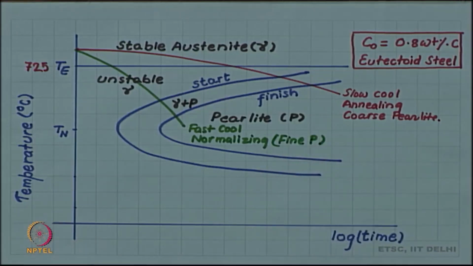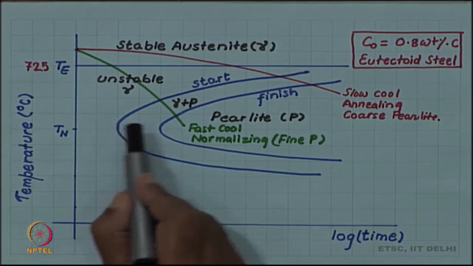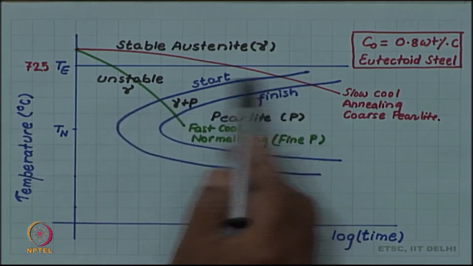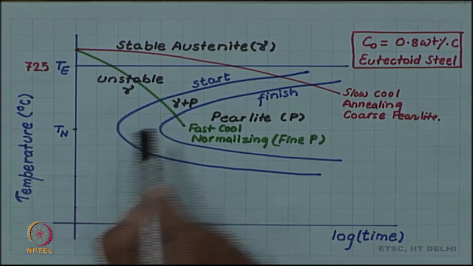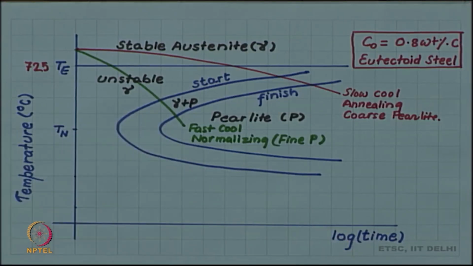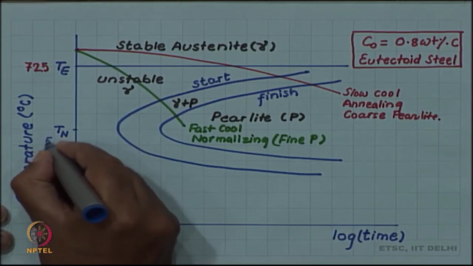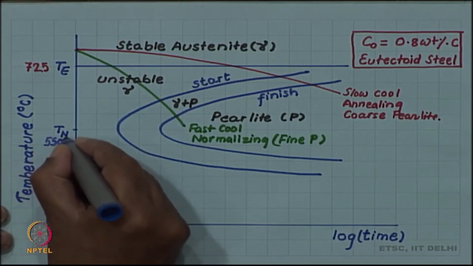The question now is, if we cool extremely fast, so fast that we miss the nose, this is called the nose of the C curve, where you have the fastest transformation rate, the temperature corresponding to that I have marked as Tn, that temperature is about 550 degrees Celsius.